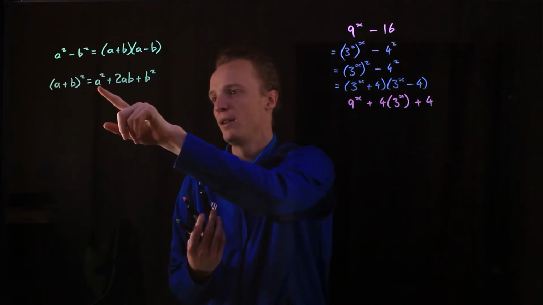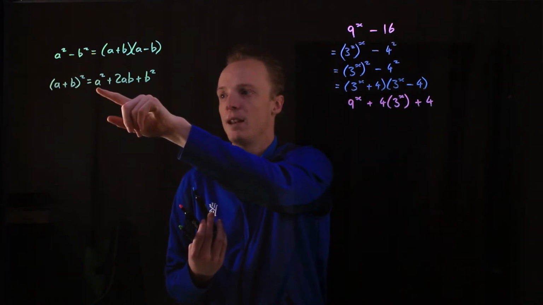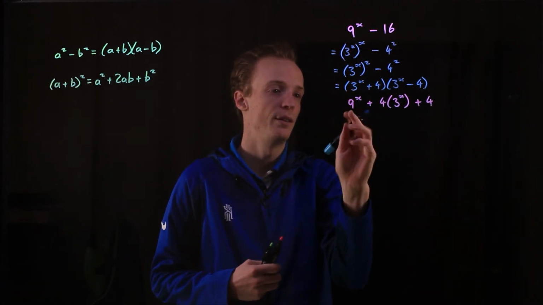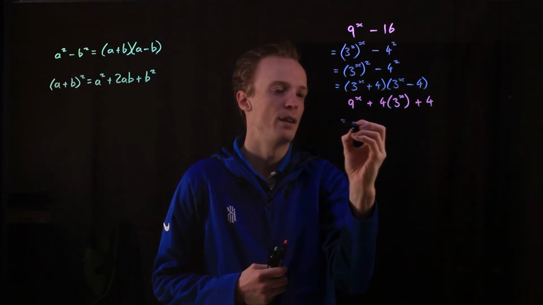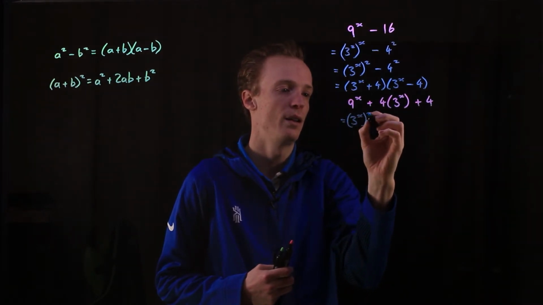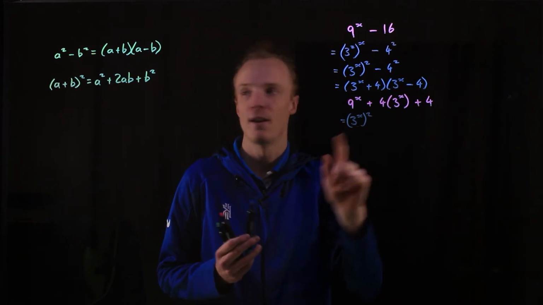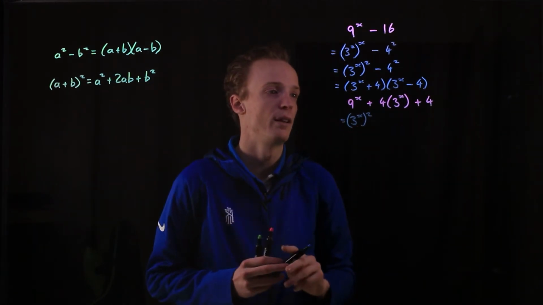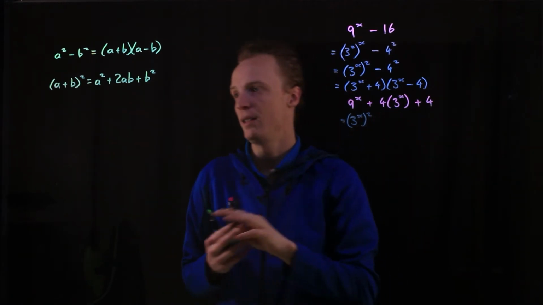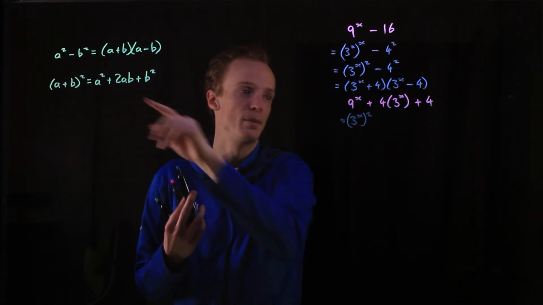The very first thing is I need to work out what my a is, or get a number that's squared. So I've done this before. This 9 to the power of x can be rewritten as 3 to the power of x all squared. So now my a value here is going to be 3 to the power of x. I then look at this and go, well, I need this to be 2 lots of my a times my b.